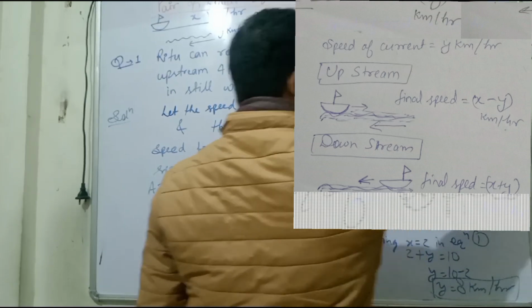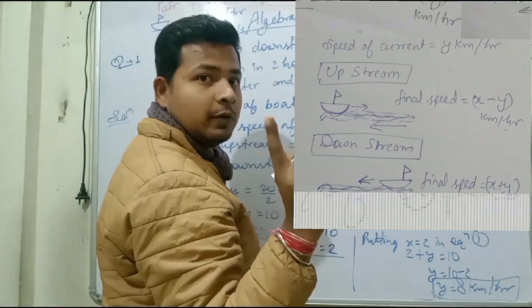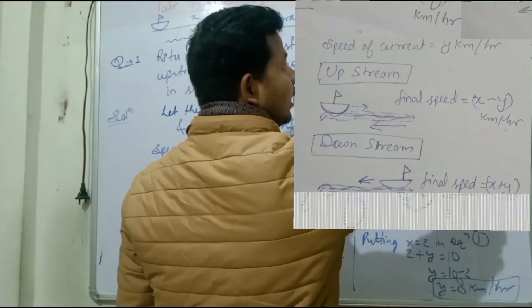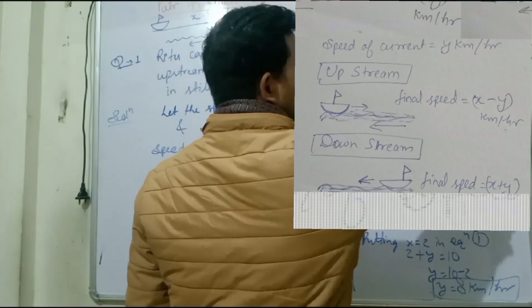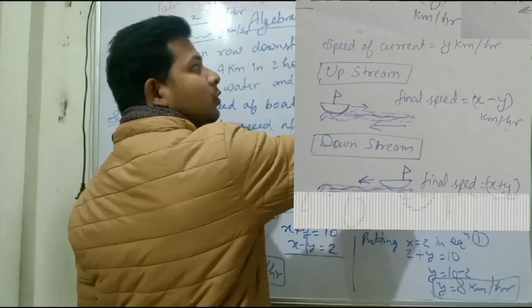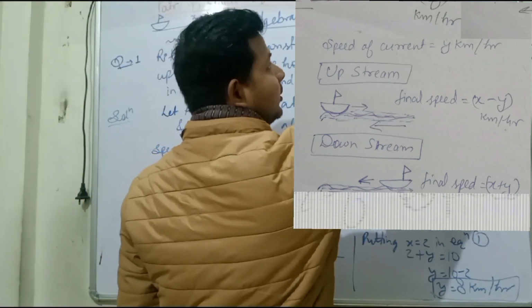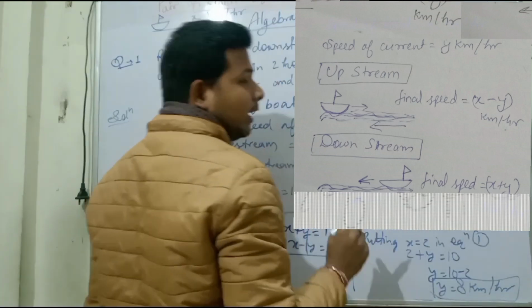Upstream means the boat is moving against the flow of the water. That means the water or the current is flowing from right to left at y kilometer per hour, and the boat has to go in the opposite direction of this current, and the speed of this boat is x kilometer per hour.